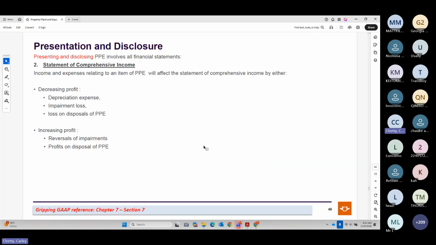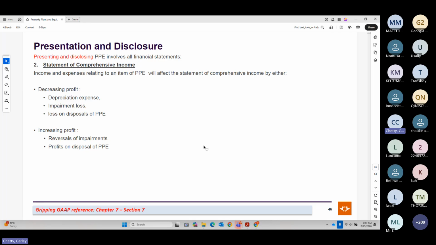Then in the statement of comprehensive income, there are various items like income and expenses relating to an item of PPE, which will affect the statement of comprehensive income. So these items will either decrease profit or increase profit. Those items that decrease profit are things like depreciation expense and your impairment losses.